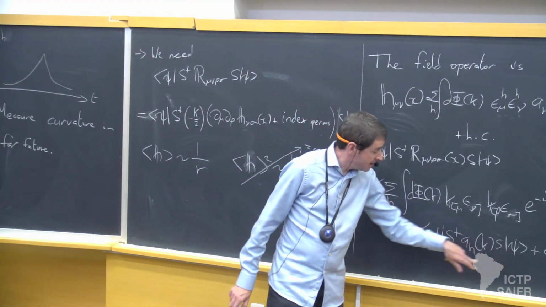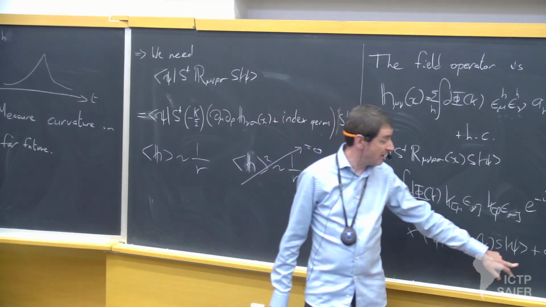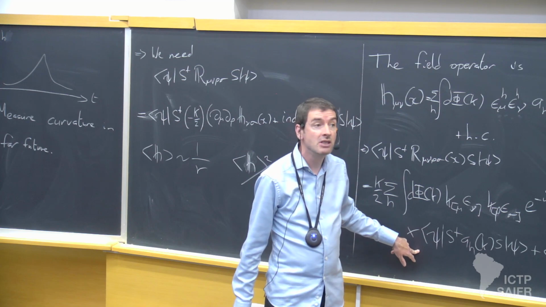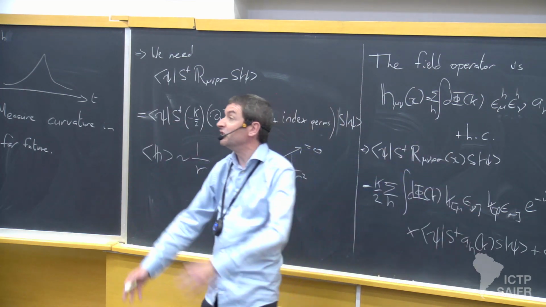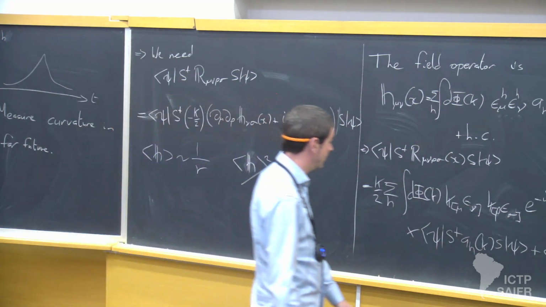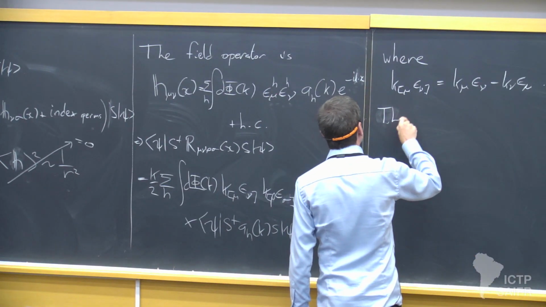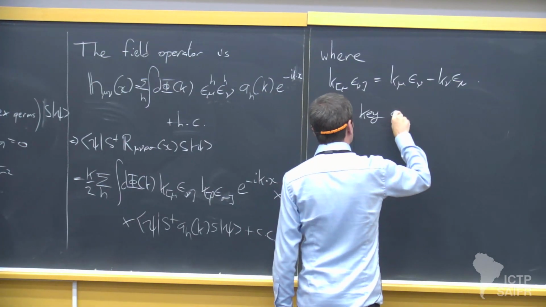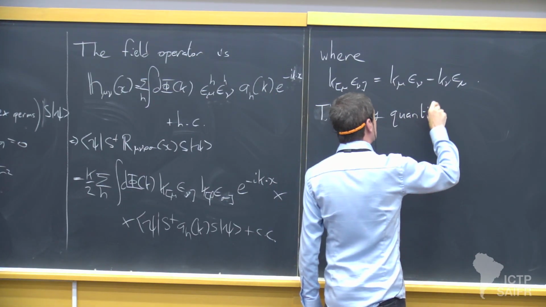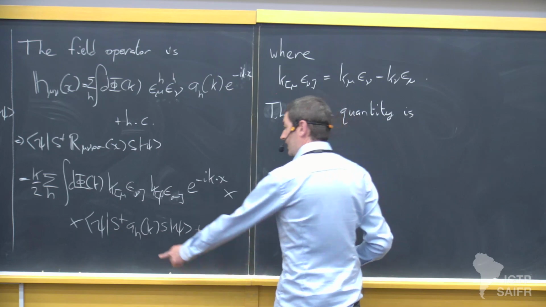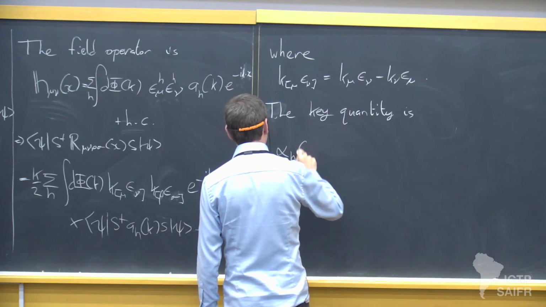Now, the quantity you have to determine here is this expectation value. Everything else is pretty trivial stuff. So the key quantity is this thing. I'm going to give it a name, alpha h of k.